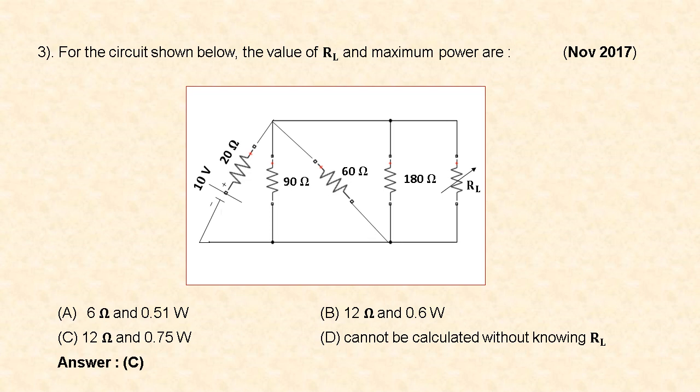So we have to find the load resistance and also the maximum power that is transferred to the load. The options are 6 ohm and 0.51 watt, 12 ohm and 0.6 watt, 12 ohm and 0.75 watt, cannot be calculated without knowing RL. Here the option C is correct. Let us see how we got this.